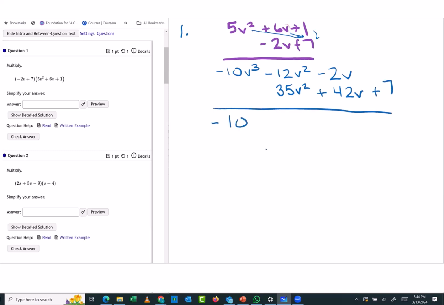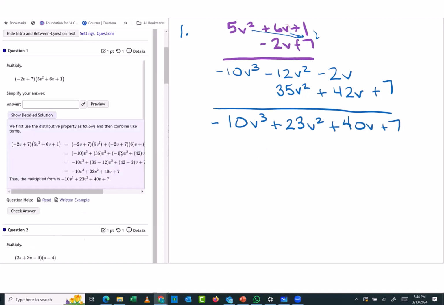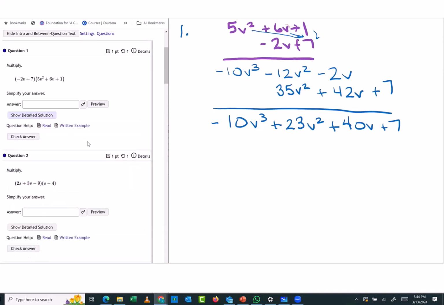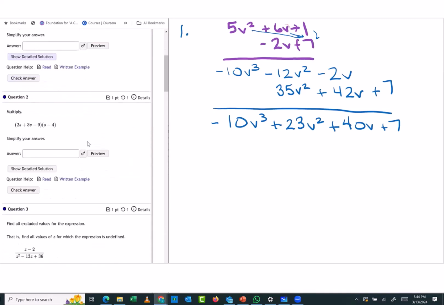I get negative 10v to the third plus 23v squared plus 40v plus 7. And let's see if we get it right. Minus 10v to the third plus 23v squared plus 40v plus 7. And there you go.